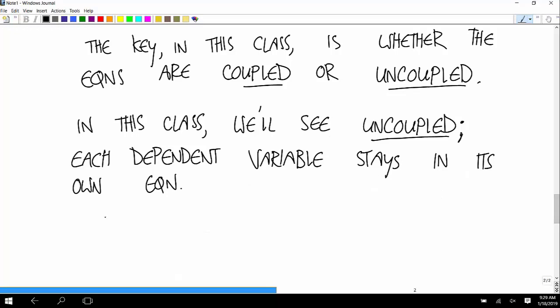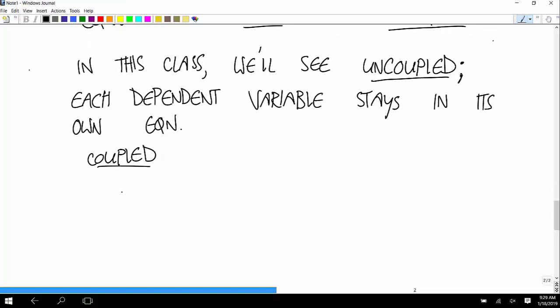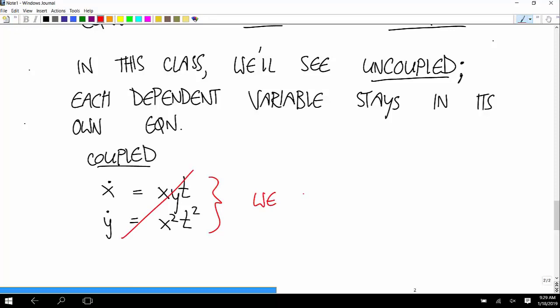So an example of a coupled equation would be like x dot is equal to x y t, and y dot is equal to x squared t squared. We don't have a way to solve these in this class.